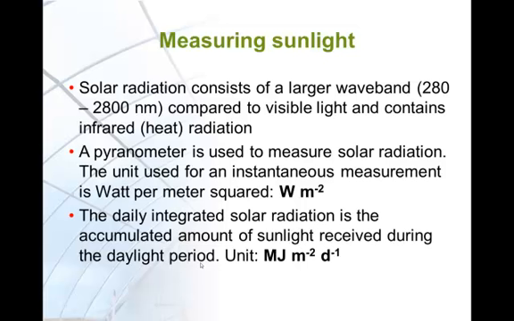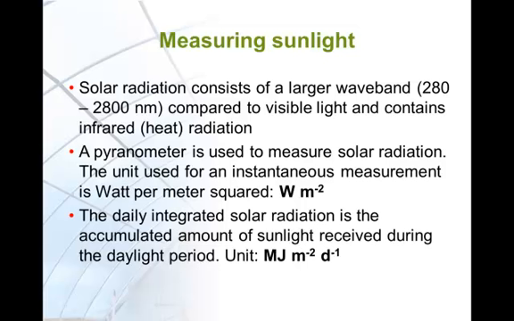The solar radiation includes not only PAR but also other wavebands, a much wider waveband, 280 to 2800 nanometers. And therefore, often in horticultural engineering, you need to quantify the amount of solar radiation, not just PAR, because solar radiation contributes a lot to the heat accumulation inside the greenhouse.